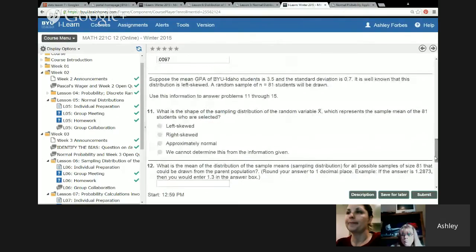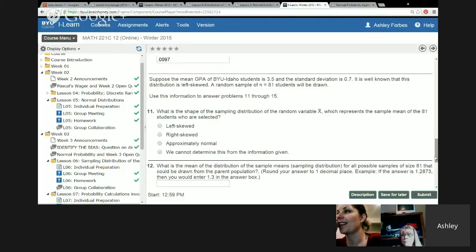All right, if the quiz could get a little easier, that would be great. Suppose the mean GPA of BYU students is 3.5 and the standard deviation is 0.7. I'm going to write that down really fast.